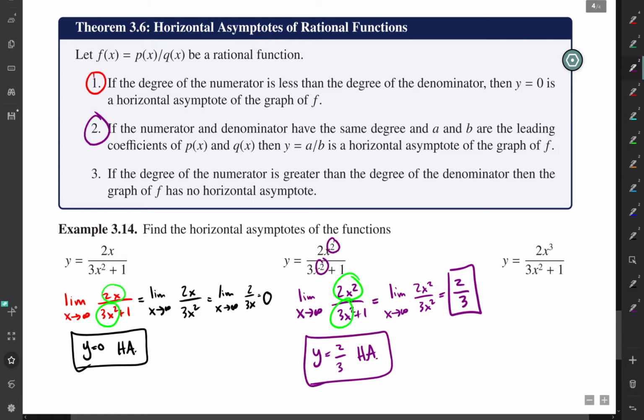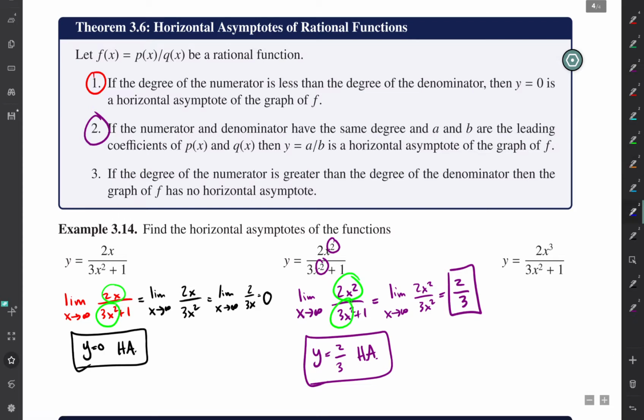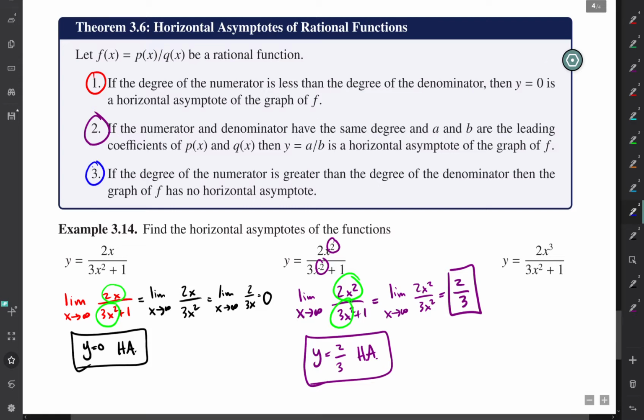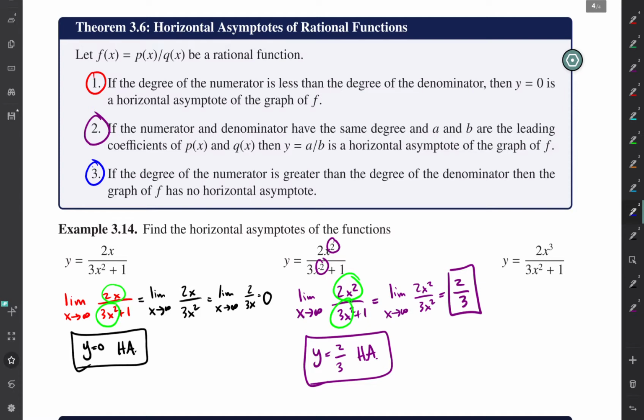And then the final case is case 3, and that's if the degree of the numerator is greater than the degree of the denominator. And in that case, there will be no horizontal asymptote.